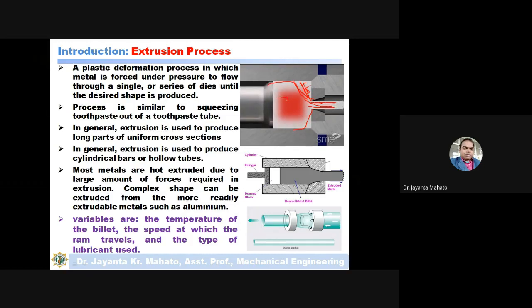So what will the grain structure be after deformation? The grain structure will be elongated. The grain will elongate, and the material does not flow in this region and this region.